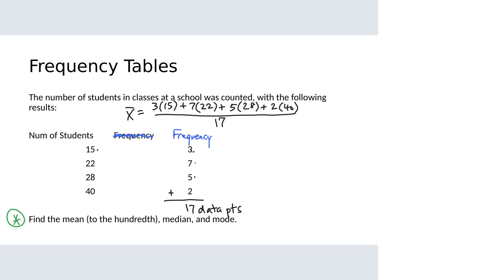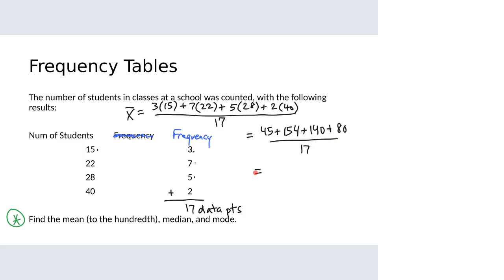Okay. Let's simplify this thing and find our mean. So we have, and this would be a little clumsy on the page, 3 times 15 will be 45 plus 7 times 22. I don't trust myself on that one. 154 plus 5 times 28 is 140 plus 2 times 40, all divided by 17.